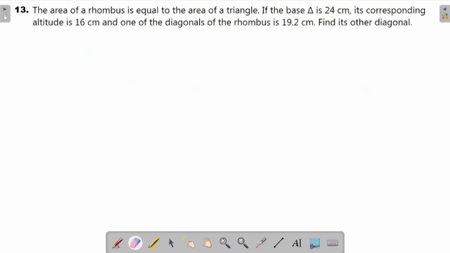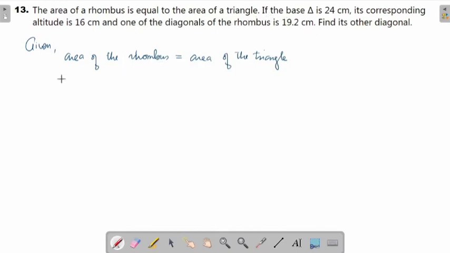So the next question says the area of a rhombus is equal to the area of a triangle. Whatever is given, let me just write down. Given is area of the rhombus is equal to area of the triangle.